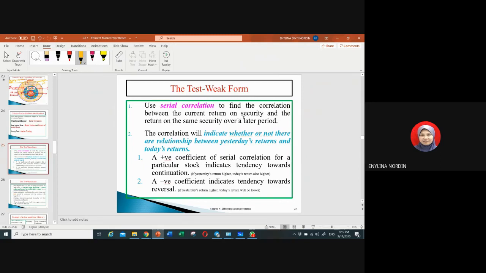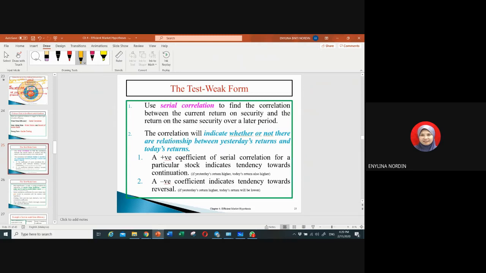an autocorrelation exists between the return at a given point in time and its return in a subsequent time period. In other words, the serial correlation test is used to find the correlation between the current return on a security and the return on the same security over a later period.